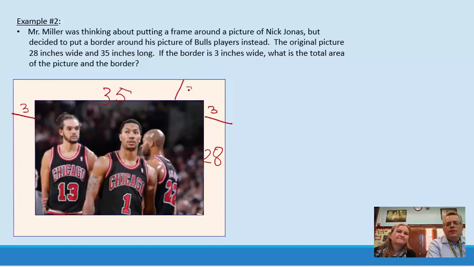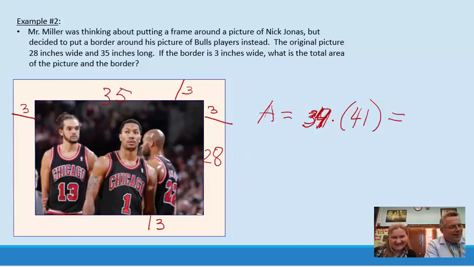So that's now 41. Then 3 to the top and 3 to the bottom makes that now 34. So area equals 34 times 41, and we get 1,394 square inches. Wow, we did it.